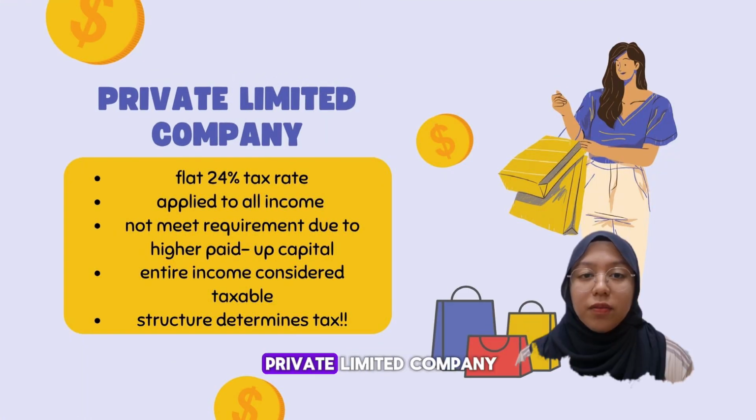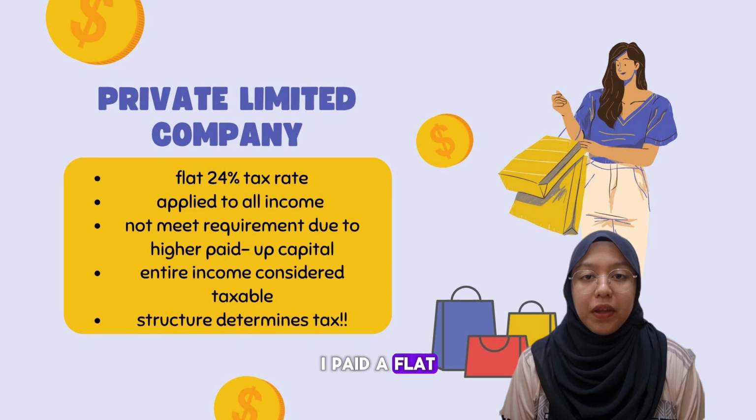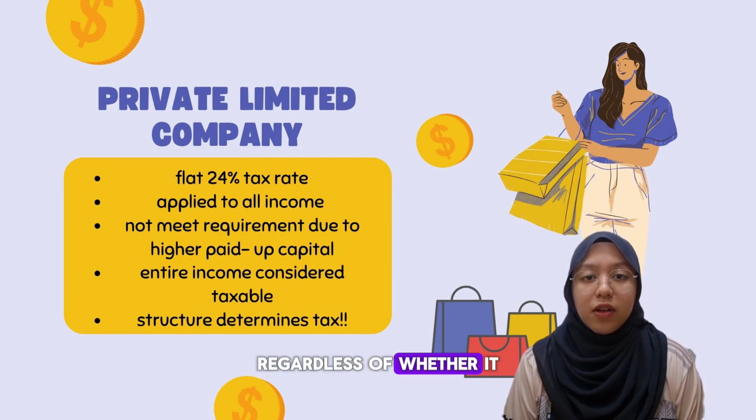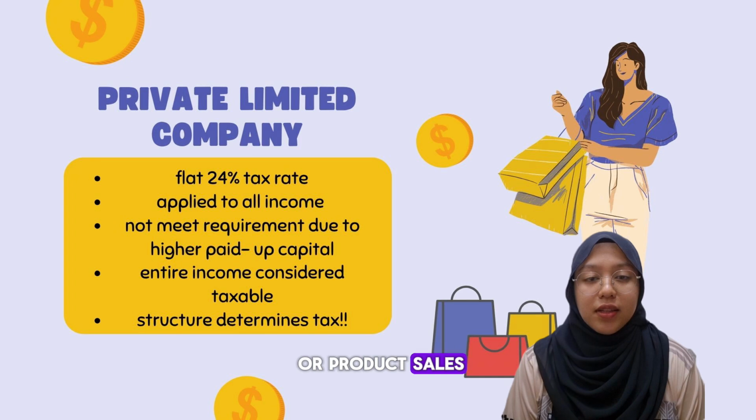As the director of a private limited company, I pay a flat 24% tax rate under Section 4A of the Income Tax Act 1967. That rate applies to all my income regardless of whether it comes from seminar fees, memberships, style services, or product sales.